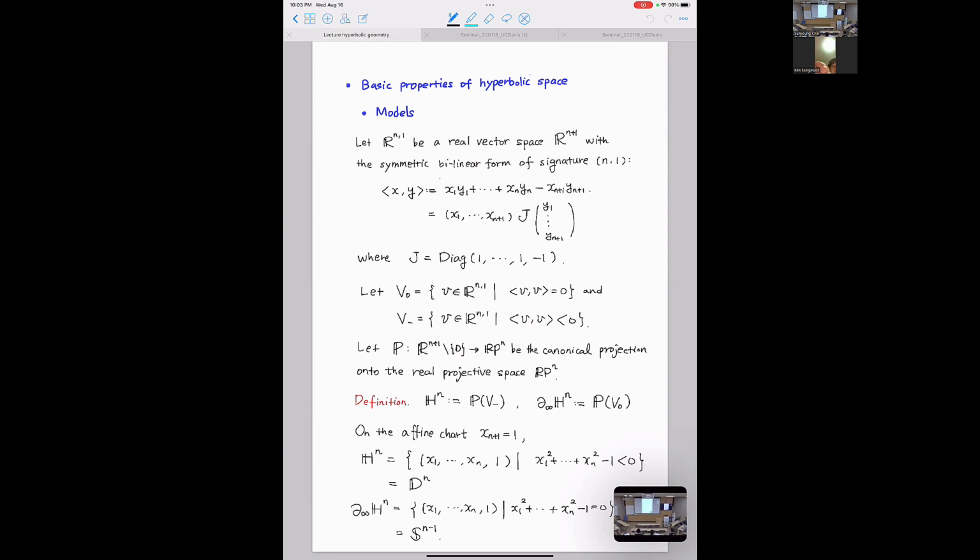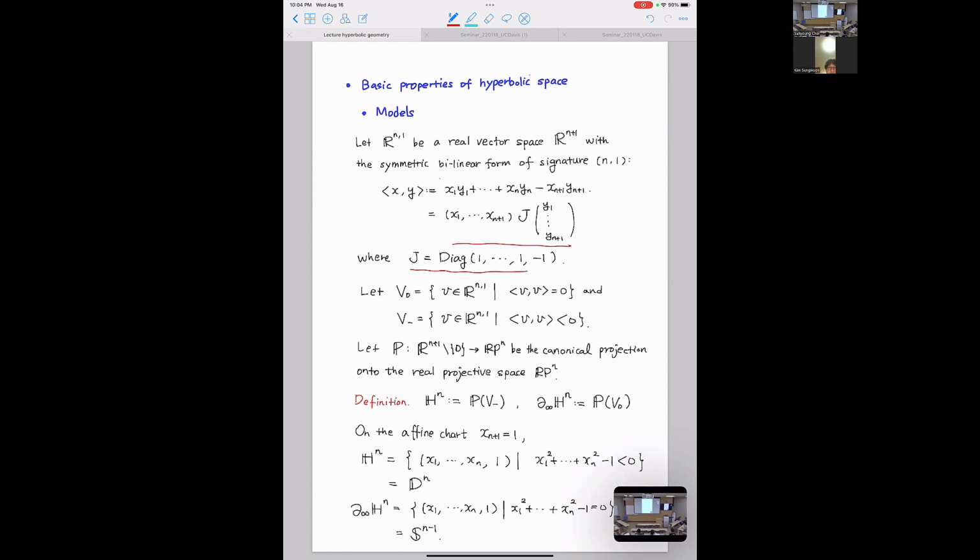It can be written in matrix form with J, a diagonal matrix with all entries 1 except the last entry, which is -1.